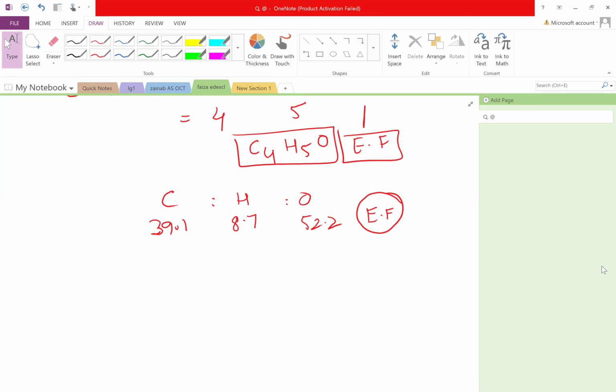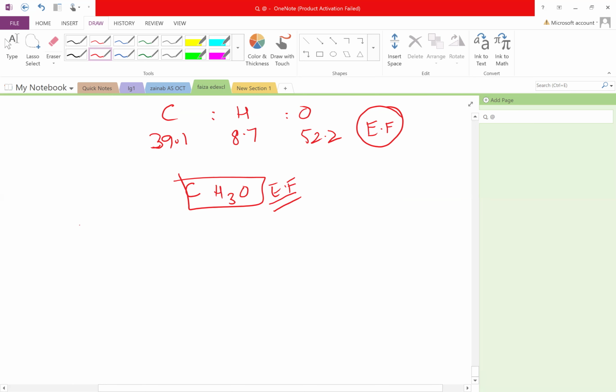So that means we will be having a formula as CH3O, isn't it? You got the same formula? Yes. Okay. So this is your empirical formula. Got it?